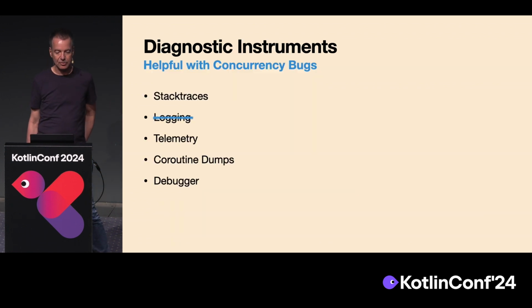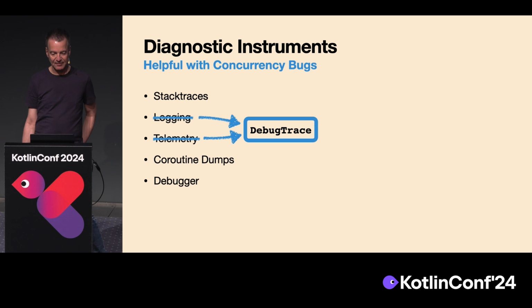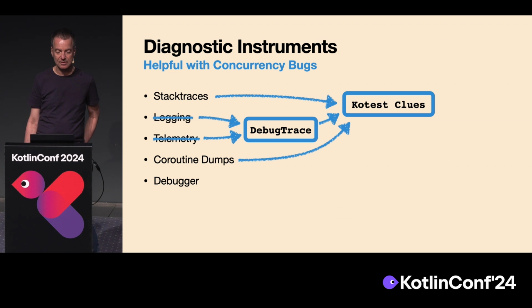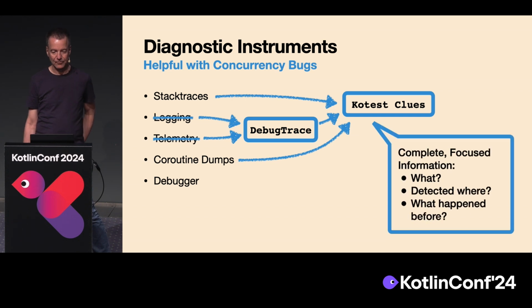So instead of logging and telemetry, we use debug traces, then combine this with a stack trace and Kotest clues, and we could even add coroutine dumps if that helps. And the result is complete focused information about what happened, where it was detected, and what happened before.